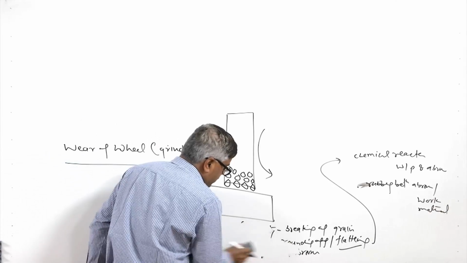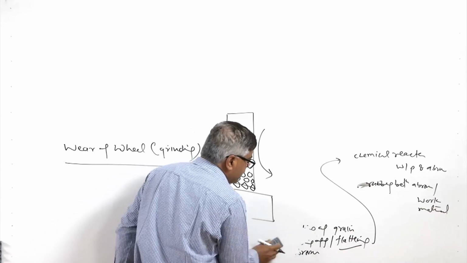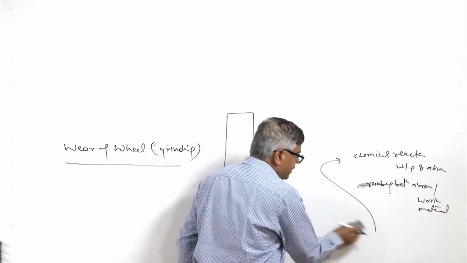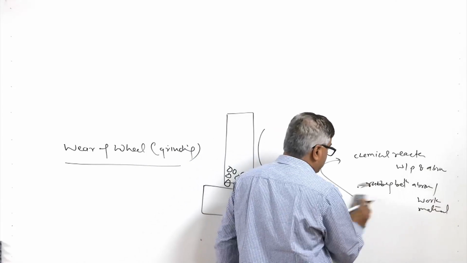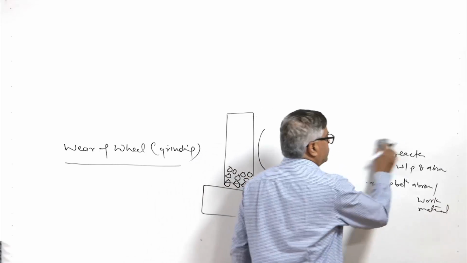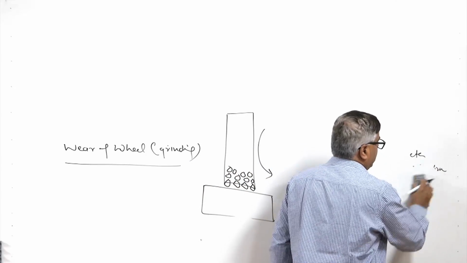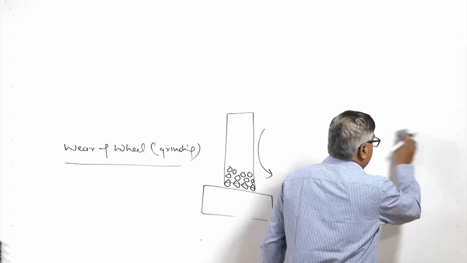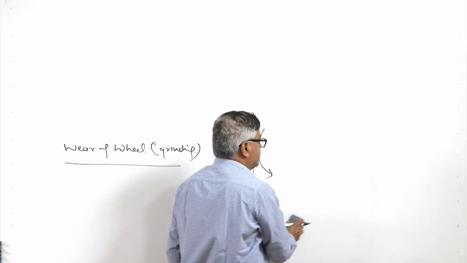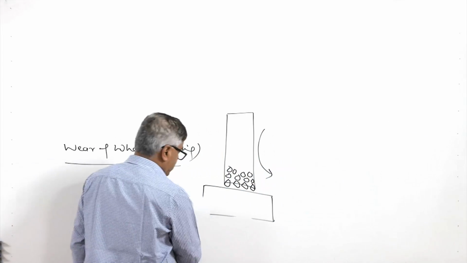So it is clear that during the grinding process, material loss from the grinding wheel also takes place while the material is removed from the workpiece for controlling the dimensions or for achieving the desired size and shape.